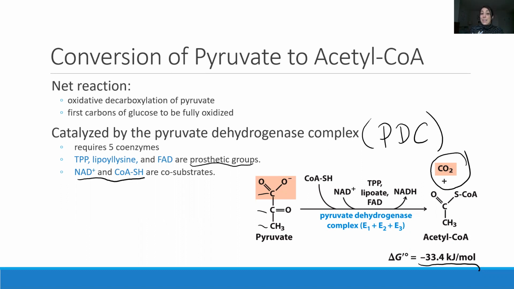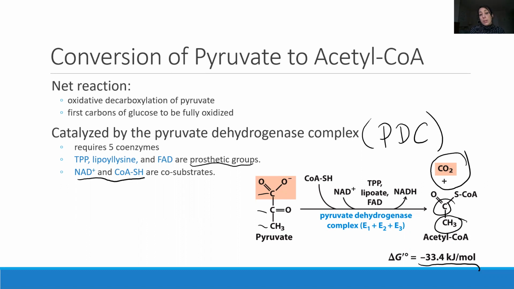You can see here, here, and here. Through this stage, taking pyruvate to acetyl-CoA, we're doing an oxidative step that is going to produce CO2. So we're actually getting rid of a carbon from our molecule. And you can see we're left with only a 2-carbon molecule in acetyl-CoA. So this is one of the first areas where we lose CO2.